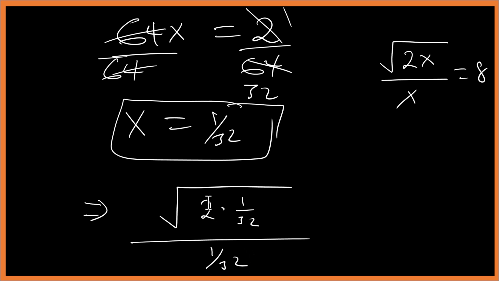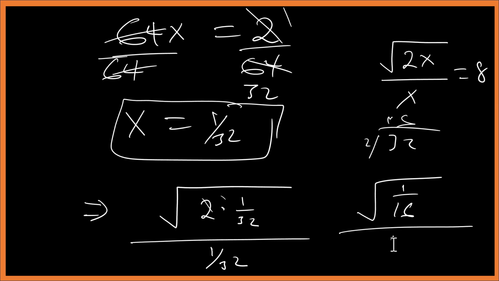So we have 2 here, 1. So 32, 2, 1, 2, 16. So we have square root of 1 over 16, over 1 over 32.